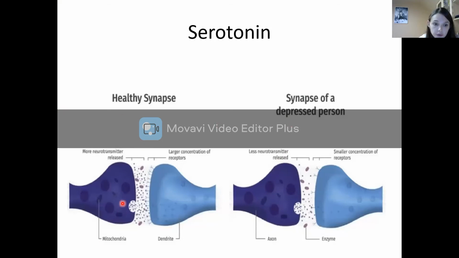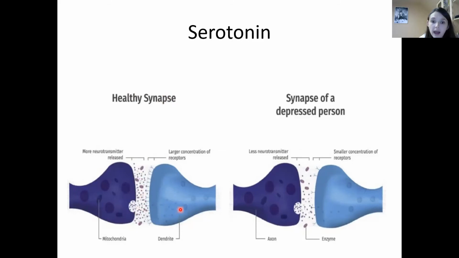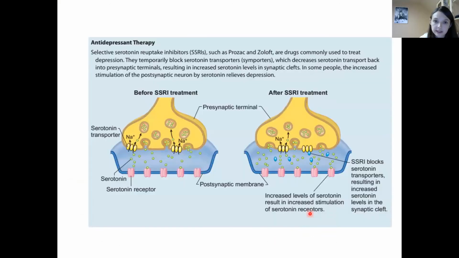So in this picture you could see that in a healthy synapse we have a huge amount of serotonin which connects to the postsynaptic neuron, and in a synapse of a depressed person we have a low amount of serotonin.